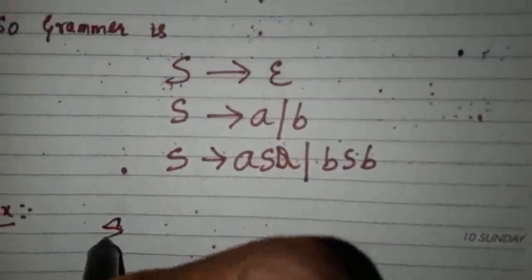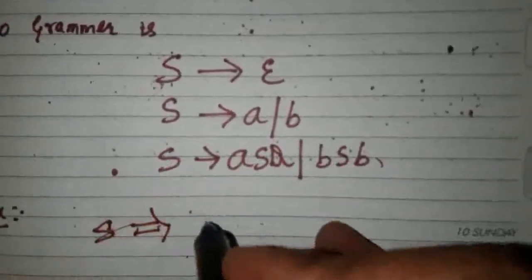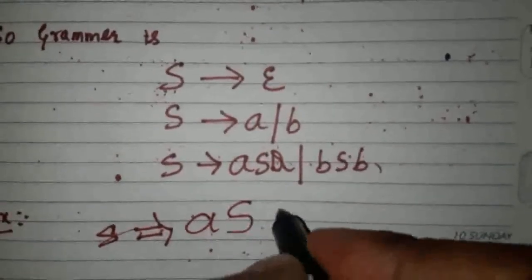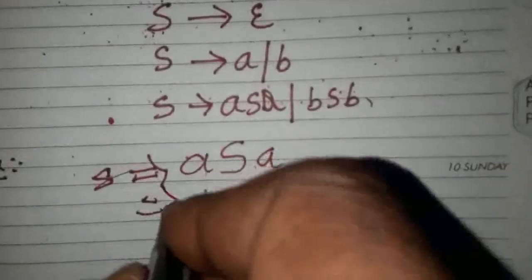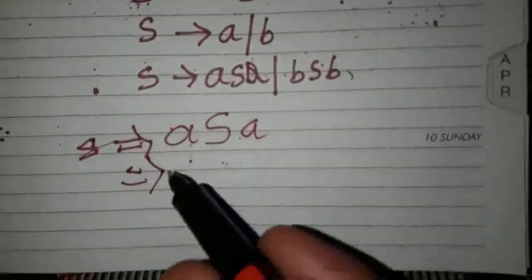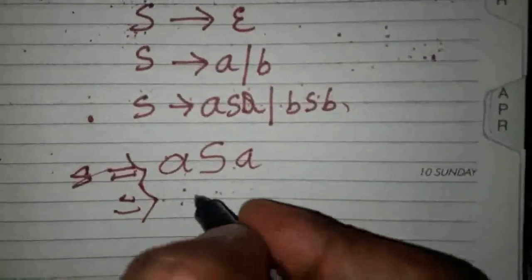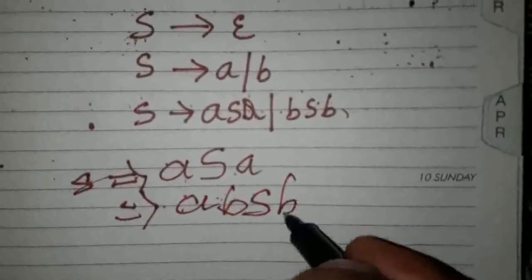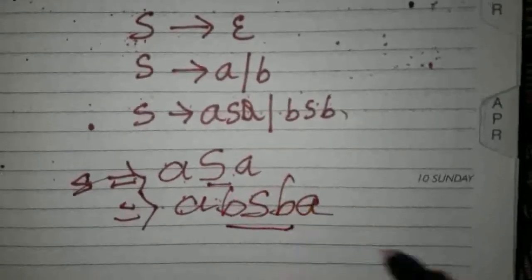Let me take the third derivation. S means what? It can be ASA. Next, what do I do? I'll replace S with BSB. Now what do you get? A, BSB, A. This is replaced with these three.